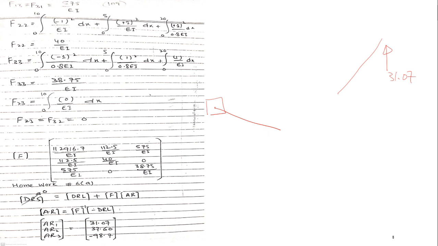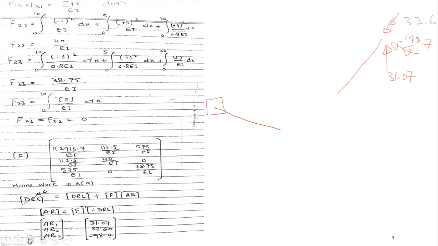Okay, this, and I have this moment as 37.60, and you have this as 198.7 kip foot.